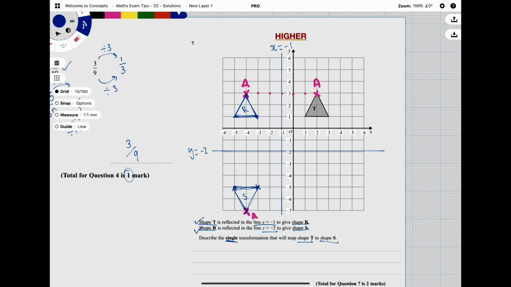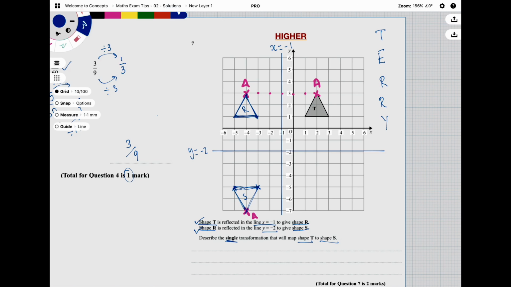The final question says describe the single transformation, and as soon as it says transformation, I tell my students to focus on a very famous person, which is Terry. T stands for translation, E stands for enlargement, R stands for rotation, and R stands for reflection. Y is just to finish off Terry, to say you've done the 4 transformations.